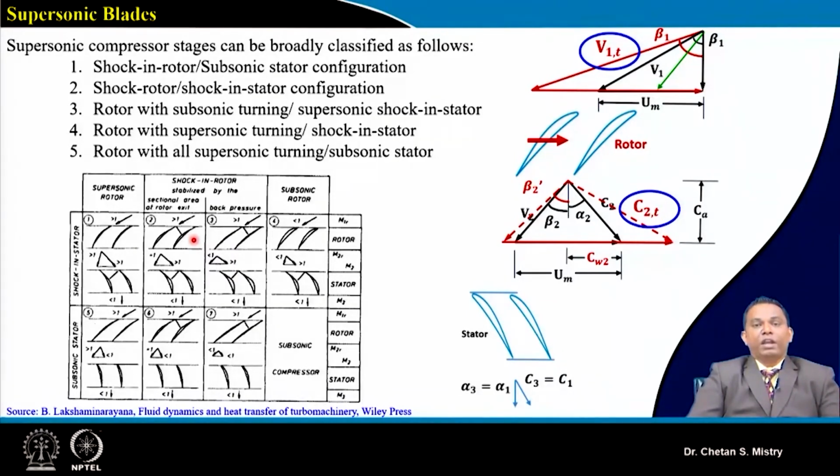That's the reason why the interest in the development of supersonic compressors was reduced during that time. Again, as per expectation, people are going towards the development of supersonic or transonic compressors for the next future aero engines.